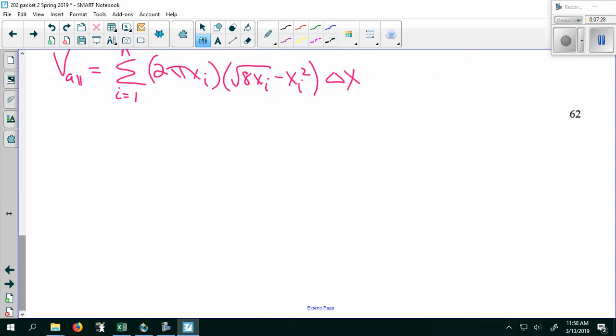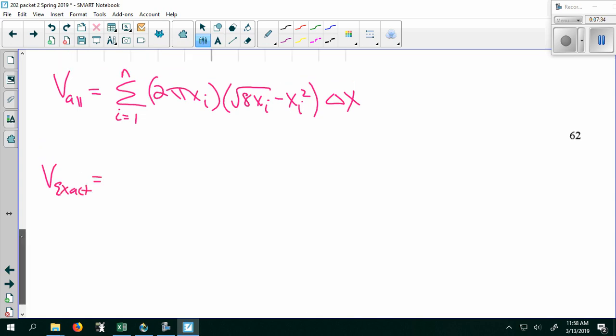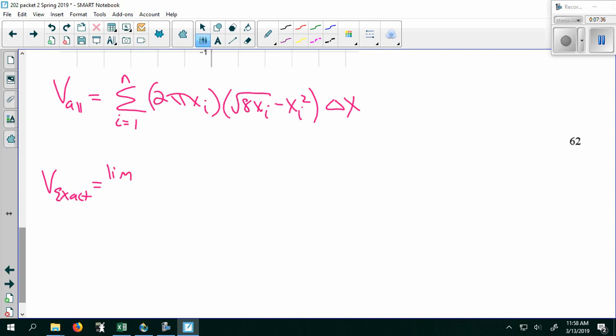And then finally, I'm going to find the exact volume by taking the limit as the number of slices goes to infinity. So this is the limit as n goes to infinity of what I wrote up there.